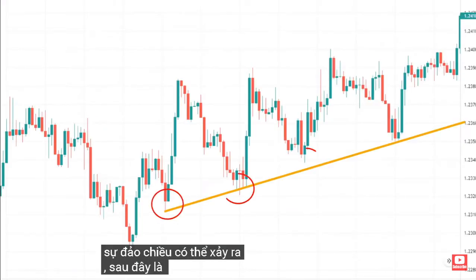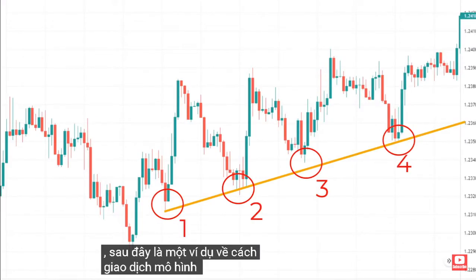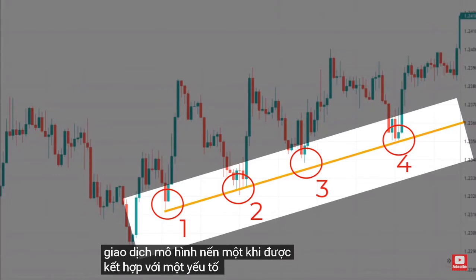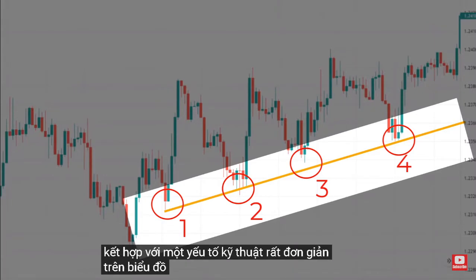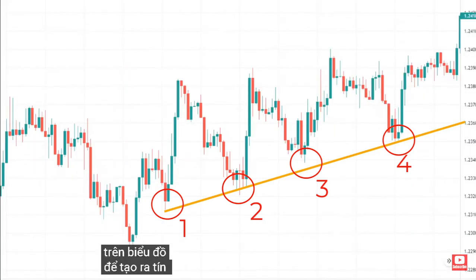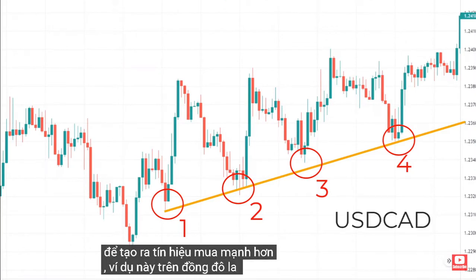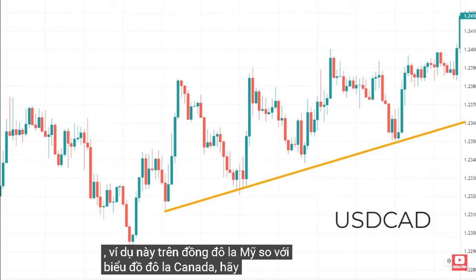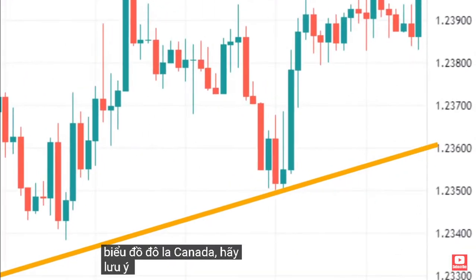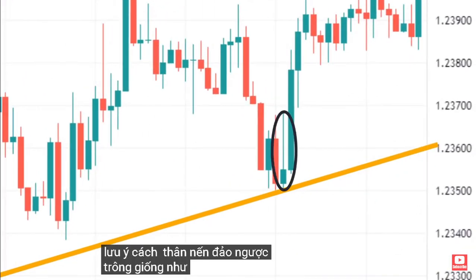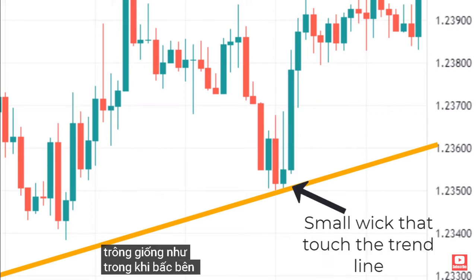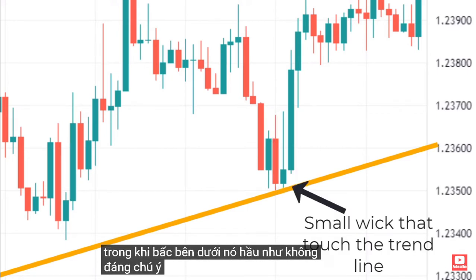The following is an example for how to trade a candlestick pattern once combined with a very simple technical factor on the chart to produce a stronger buy signal. This example is on the US dollar against the Canadian dollar chart. Notice how the inverted hammer's body looks like, while the wick below it is barely noticeable.